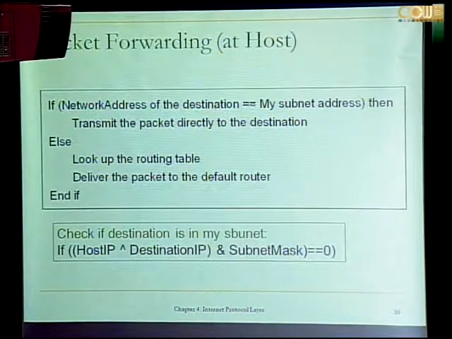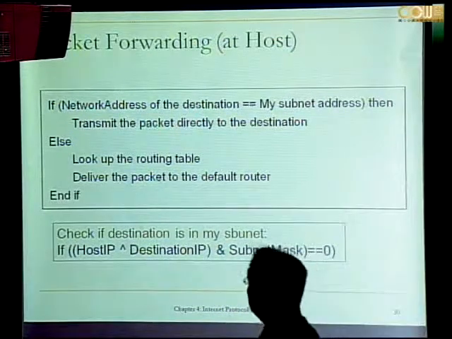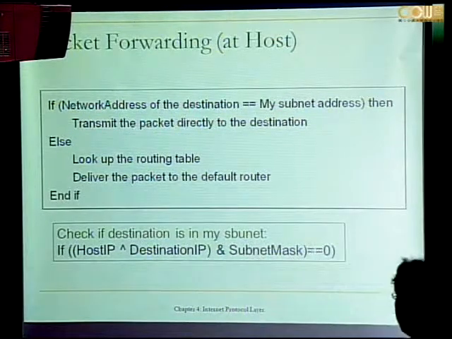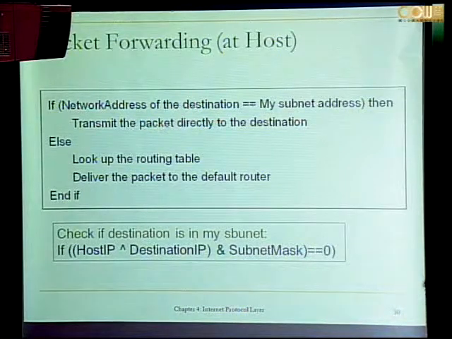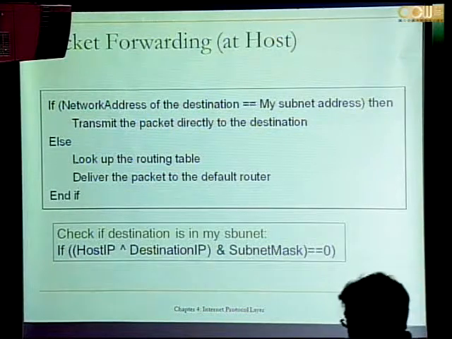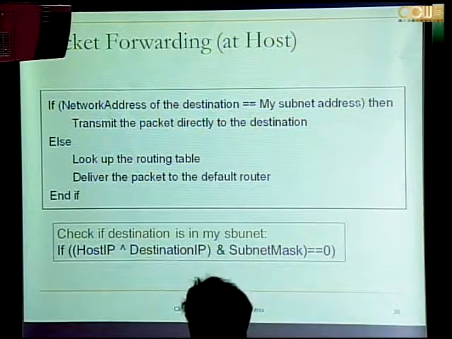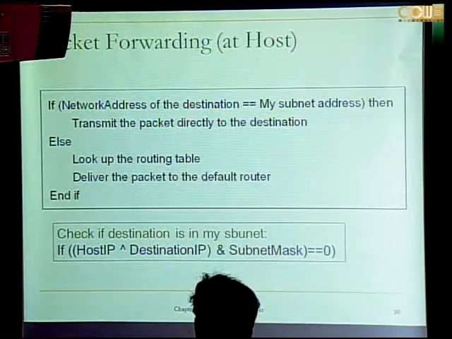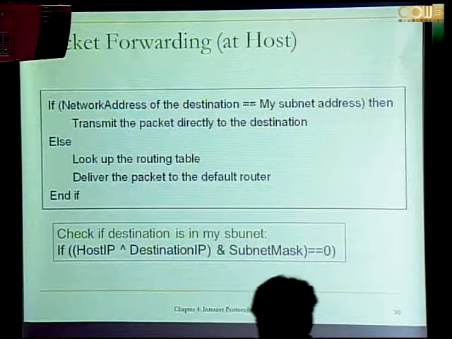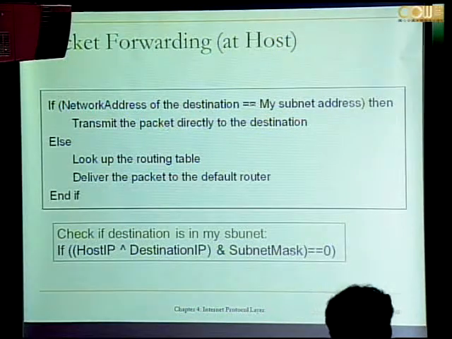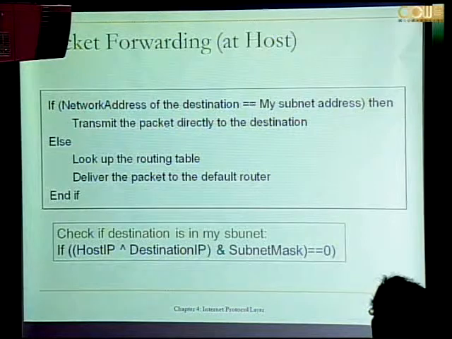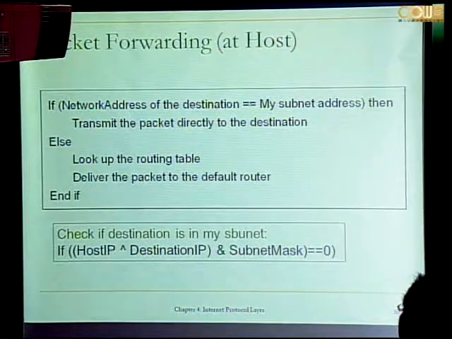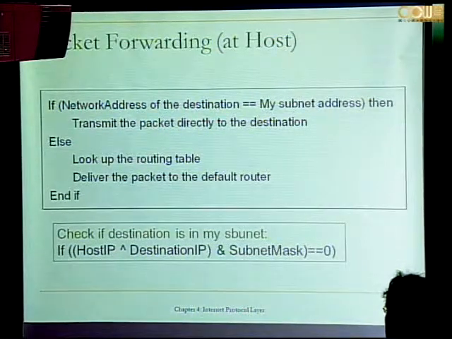Here's what you do at a host. You have a packet. You check the destination IP address of the packet and look at its network address to see if it is the same as my subnet address.